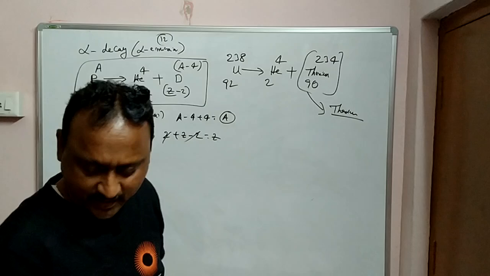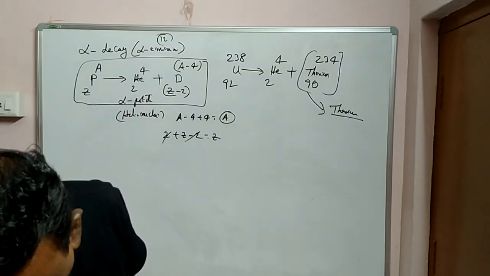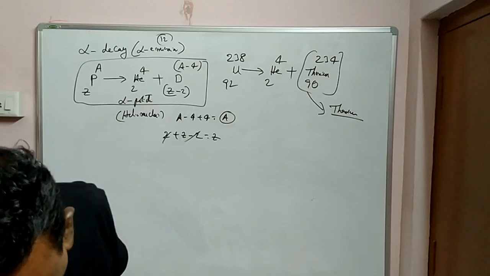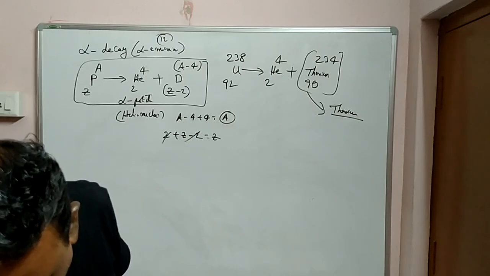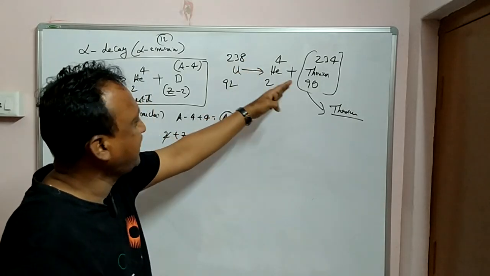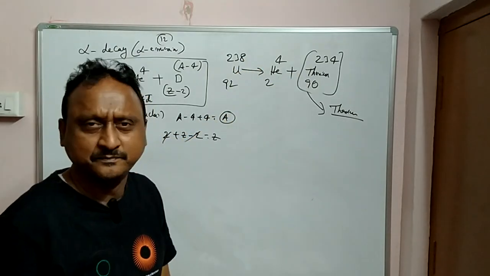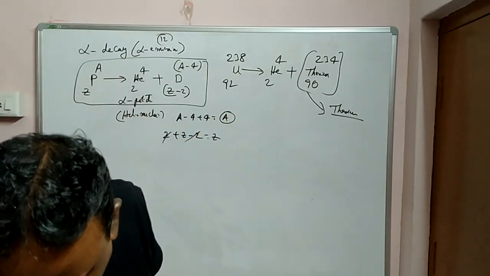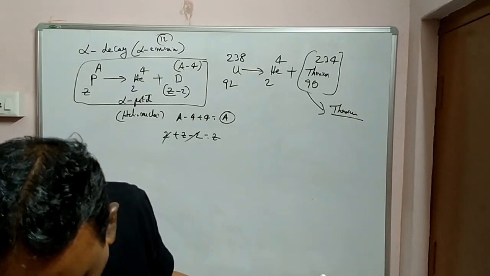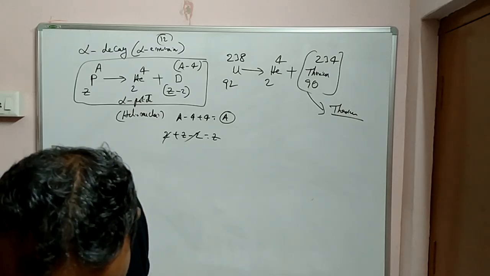This is the alpha decay. If you want, you can take some more examples from the periodic table, but mostly we will give uranium 238 with thorium emission. Any doubts? So this is how alpha decay is done.